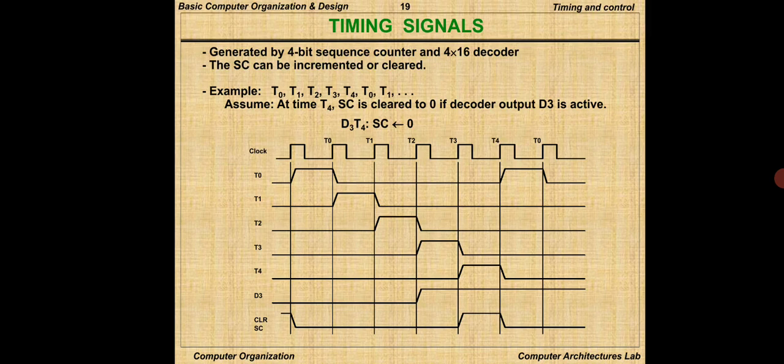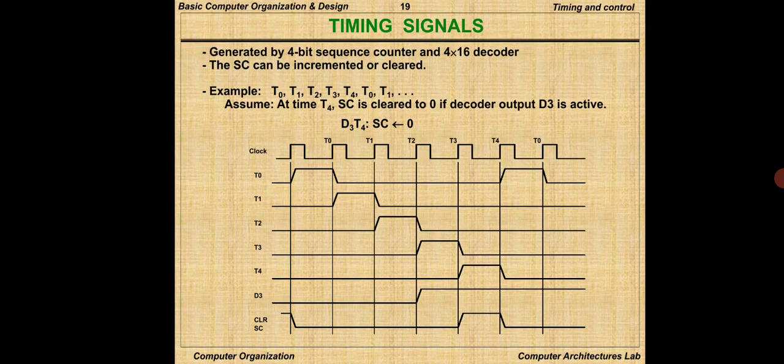In the T2 state only T2 should be high, and the rest, T0, T1, T3 and T4, should be in the low condition, as well as your D3 should be low, and your clear counter should also be in the low state. Why? Because I'm not going to clear my counter. The same thing happens at T3 also. Now let us go with the T4 concept.